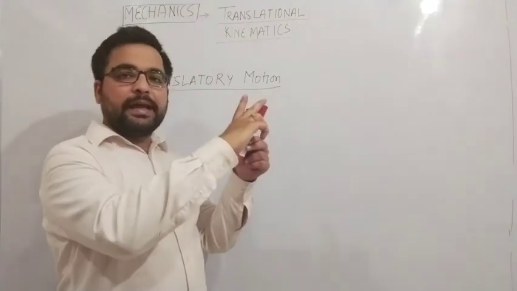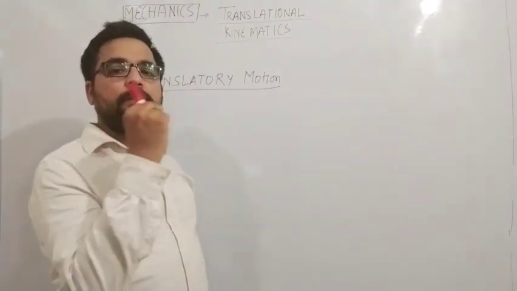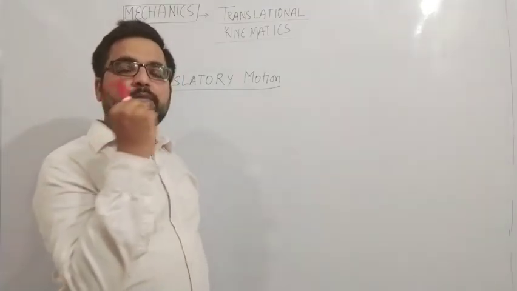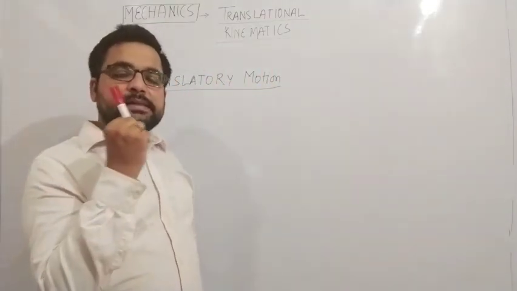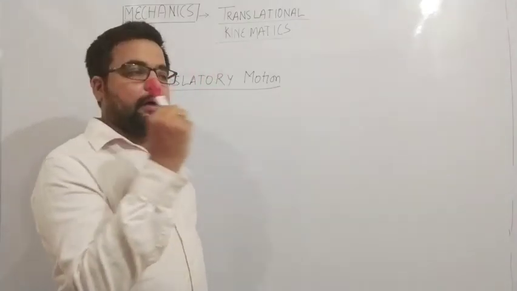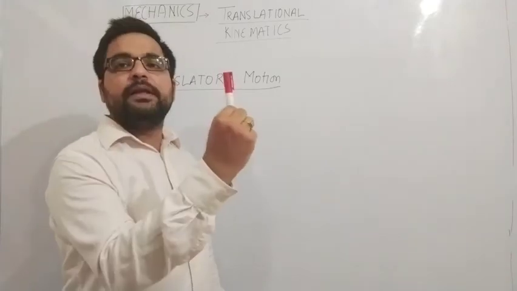So these extended bodies can also be treated as a particle, because all the parts of the body are moving in the same way, and all the parts will cover the same distance in a given interval of time.